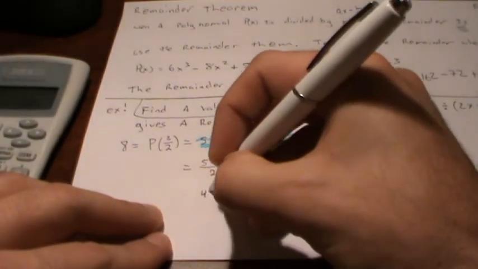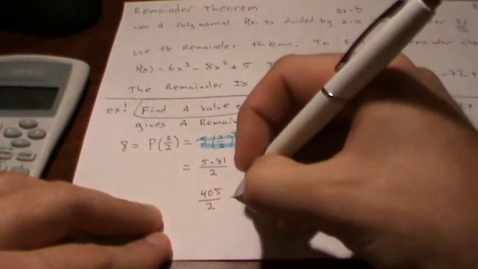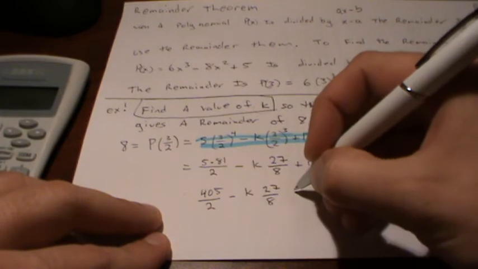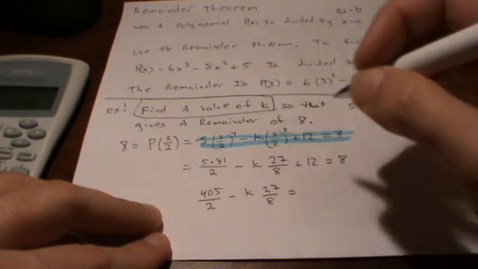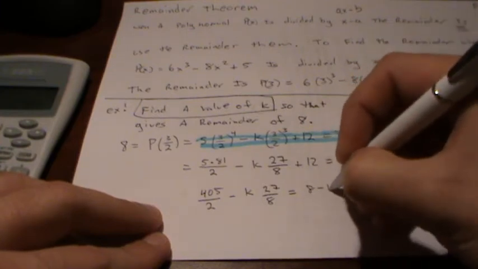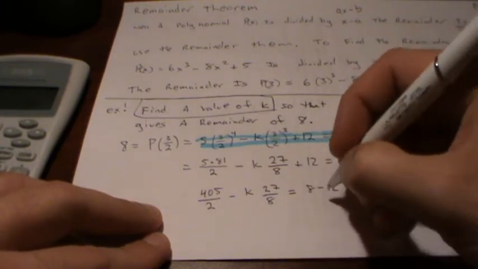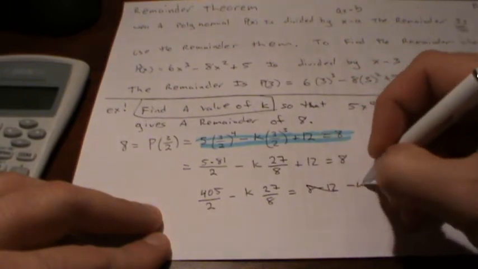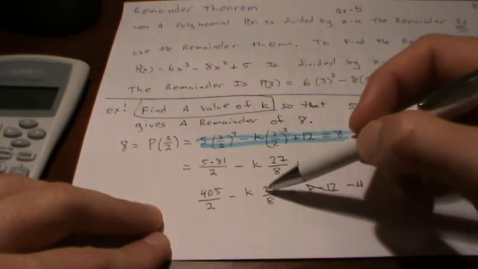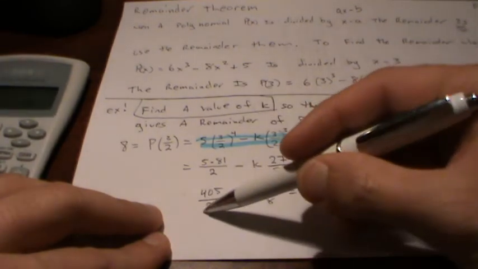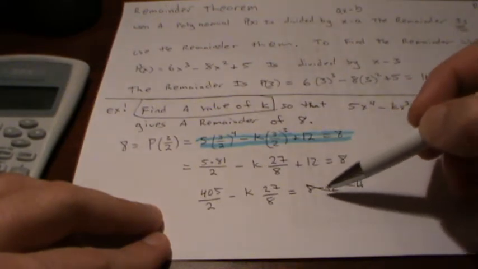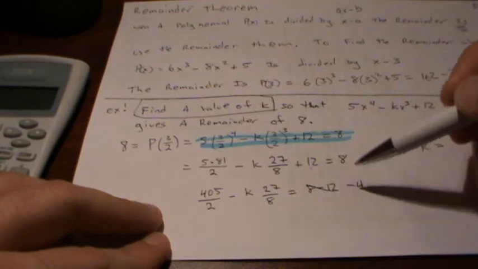So this would be 405 over 2 minus k times 27 over 8 is equal to 8 minus 12, which happens to be a negative 4. Okay, so now I've got this minus that is equal to a negative 4. Notice I just took the 12 over and subtracted it. Now I'm going to take this over and subtract it.